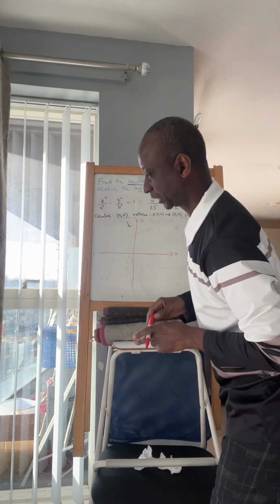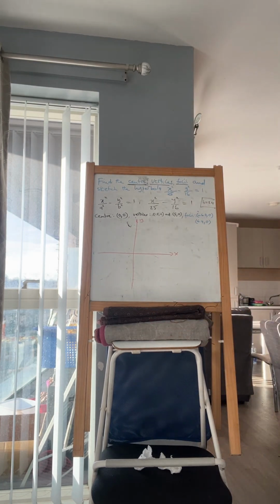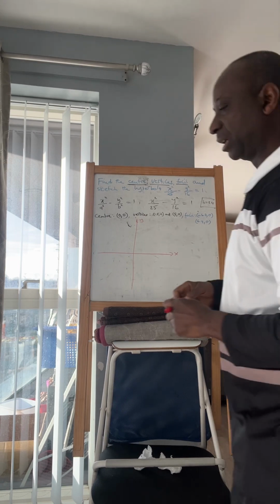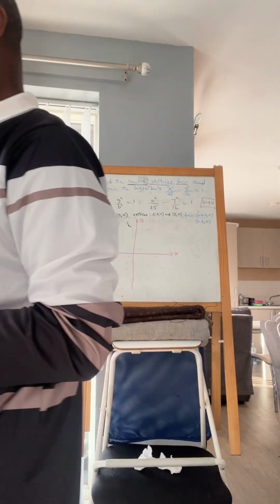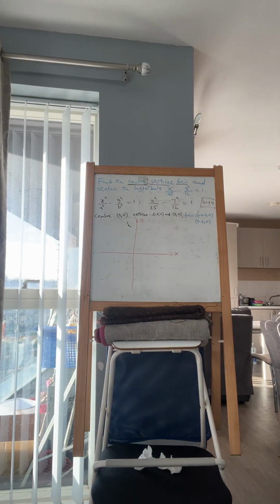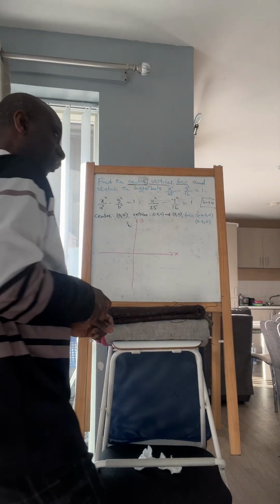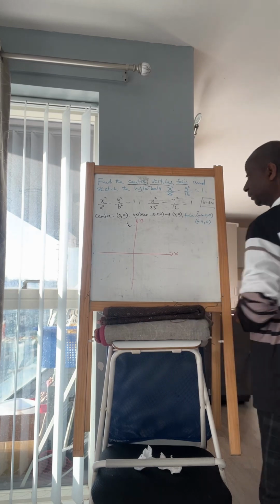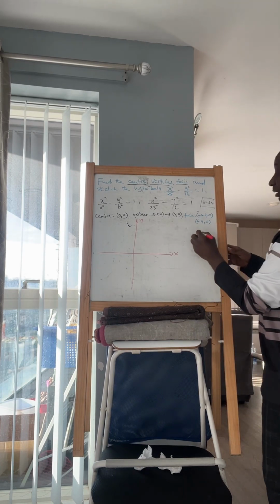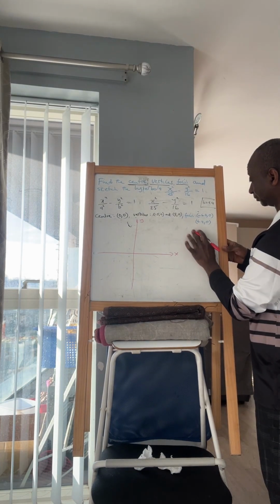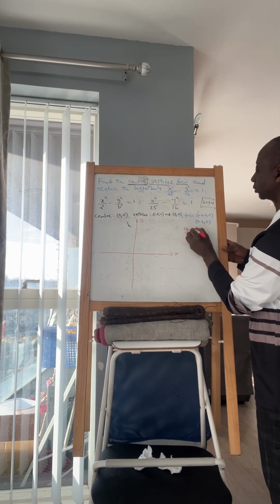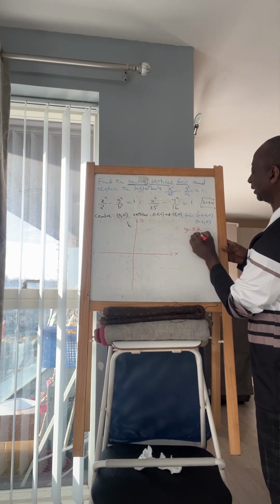But before you sketch a hyperbola, you must be able to find the asymptote equations. There are two of them: y equals plus or minus b over a times x.